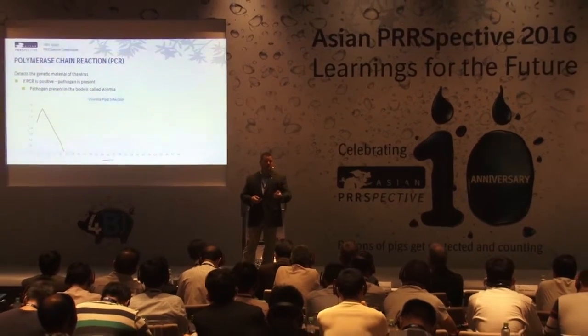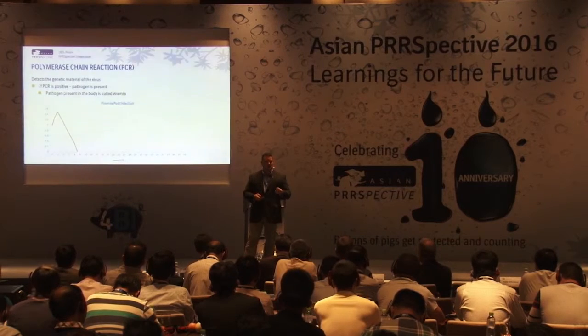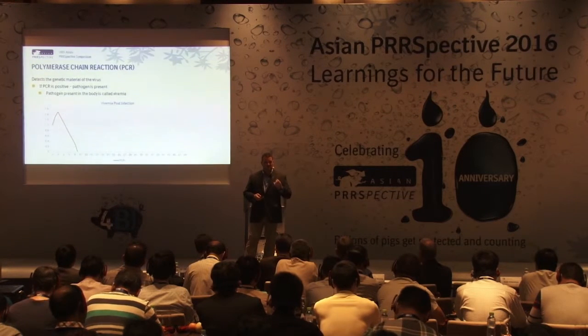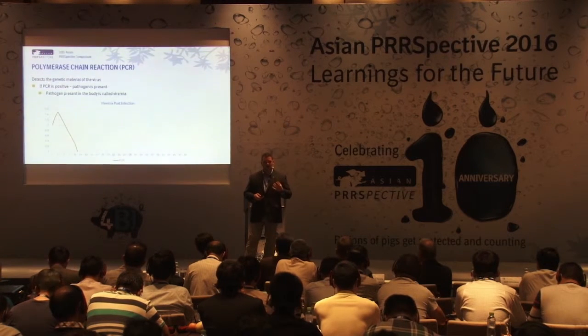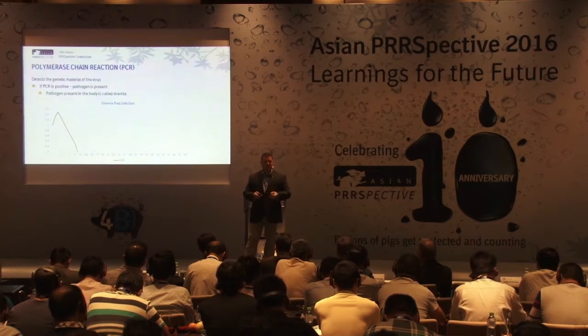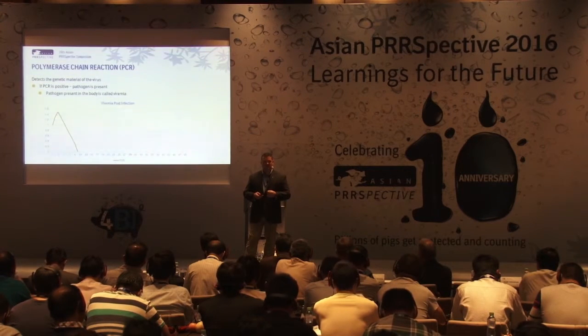That's the reason when we do a PRRS elimination that we load, close, and homogenize the herd. The general recommendation for closure is at least 210 days or 7 months, which allows all the animals on the farm to clear that virus from their system so that when we decide to bring in new animals, the existing herd is less likely to begin shedding again and infect our new animals.